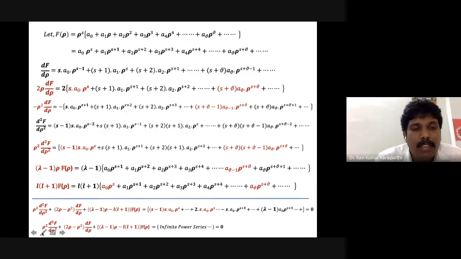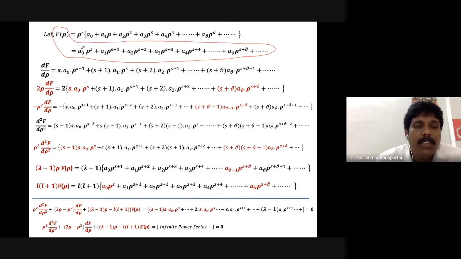Having obtained f of rho, in the differential equation we have several terms like d square f of rho upon d rho square, which is multiplied with rho square, so we have to calculate that term.